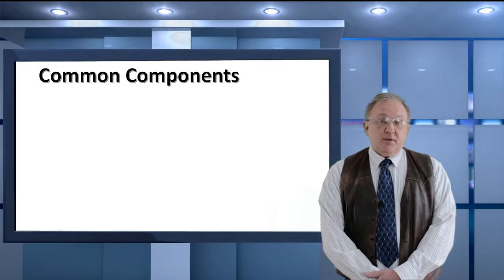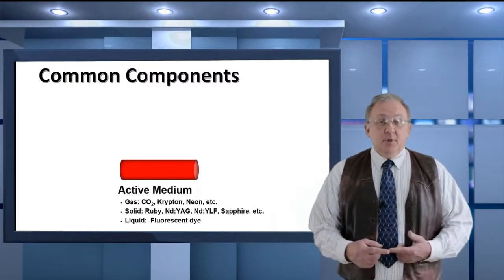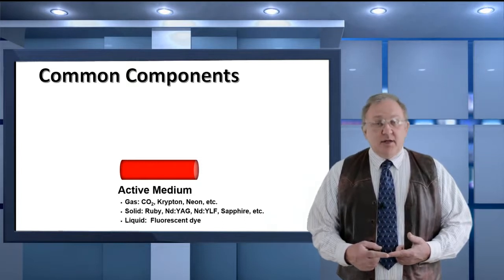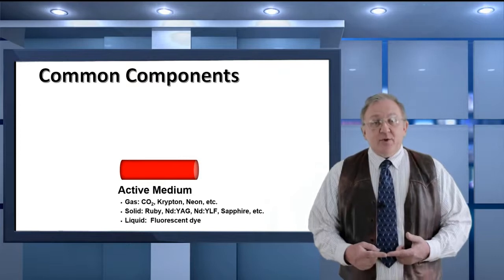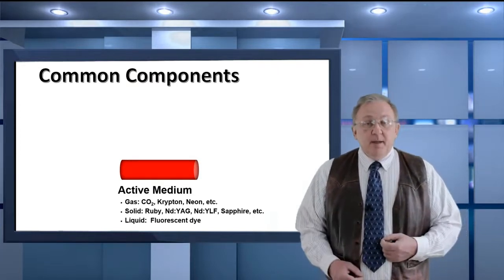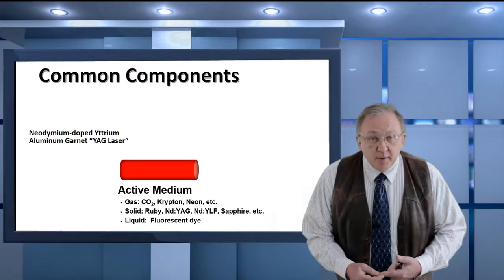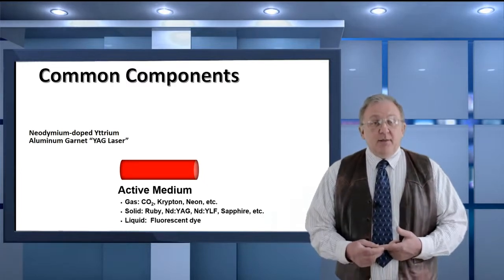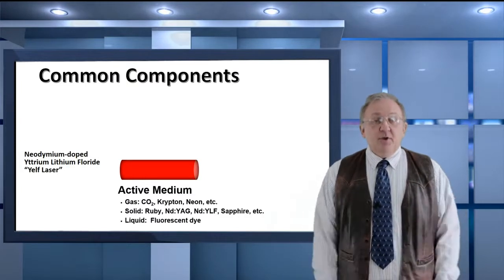The common components of all lasers consist of, first, an active medium, which can be a gas such as in a carbon dioxide laser, or krypton fluoride, for instance, in an excimer laser, which is used to generate high-power UV pulses. A solid-state laser, on the other hand, has a crystal made of ruby, neodymium-doped yttrium aluminum garnet, or YAG as we call it, or neodymium-doped yttrium lithium fluoride, just to name a few.